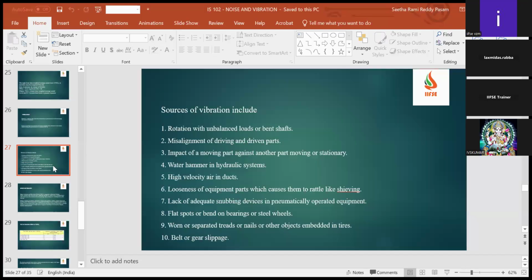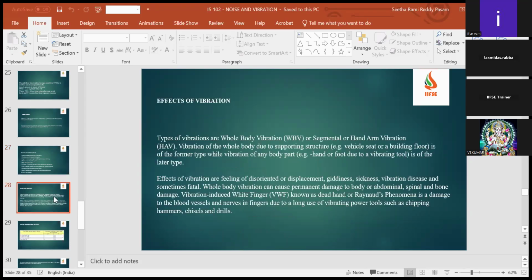One more common example is that if any earthquake is happening, the tremors felt are also one sort of vibration. There are enormous examples, but these are a few. Even if you are traveling in a bus, there also you'll feel it. If you're traveling in any heavy truck, there also you'll feel the complete vibration.